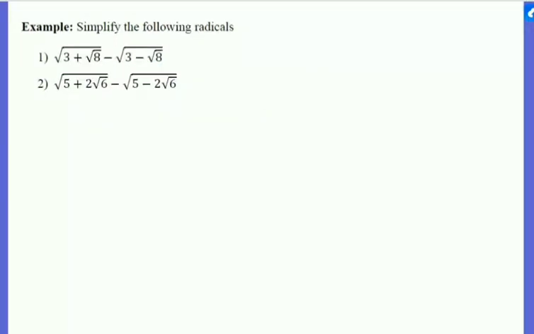To solve the second example, we need to write this problem first in the required manner. Radical 5 plus 2 root 6 is equivalent to radical of 5 plus radical 24, minus radical of 5 minus radical 24, because 2 root 6 is exactly the same as radical 24. You can check this. Now I can apply the formula that we have.